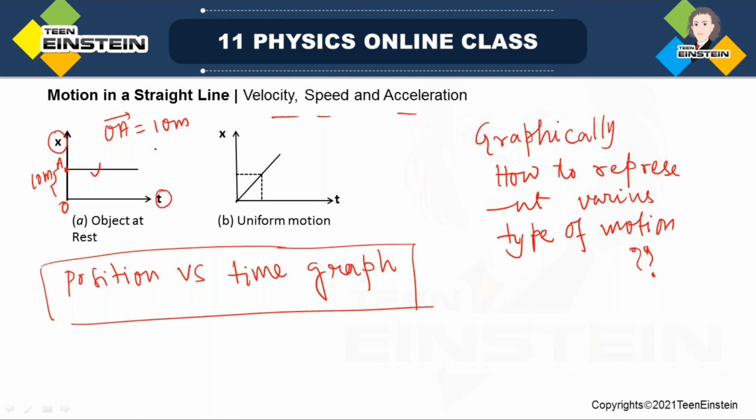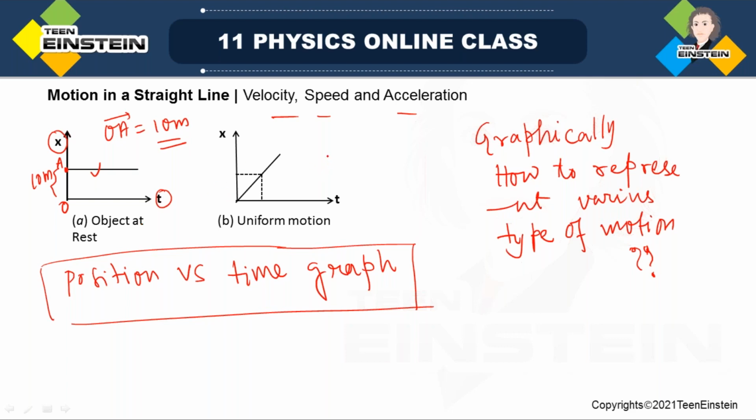Obviously, I can write it as a vector also. Then, as time progresses, the displacement does not change. It is always 10 meter. So that means the object is not at all moving. It is just sitting at this point. This is how in the position time curve we can represent the state of an object which is at rest.